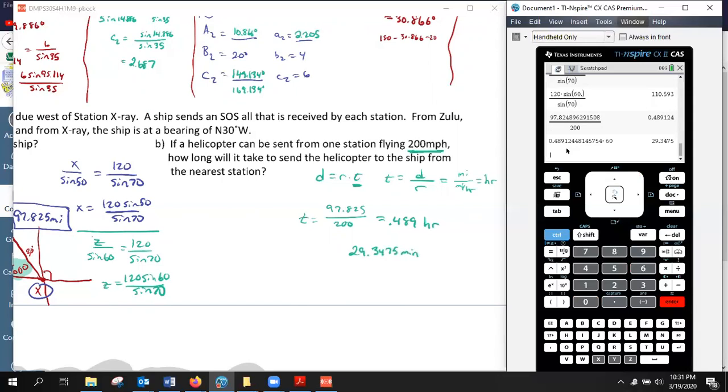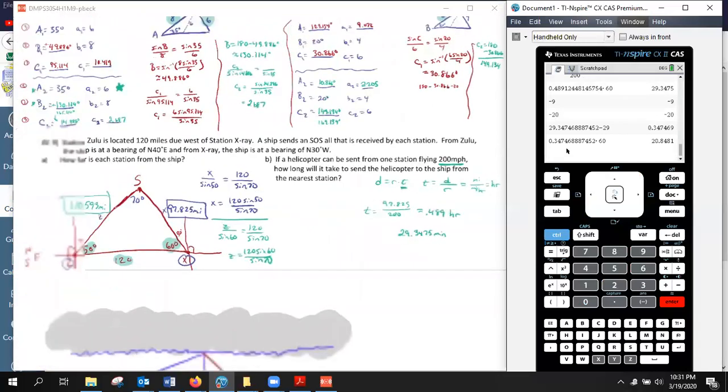So if I take that, subtract the 29, oops, let's subtract 29 again. My 9 apparently is not working. And I'm doing that too quickly. That minus 29, there we go. So I'm left with that many minutes. If I multiply it by 60, I'm left with 20.8481 seconds.